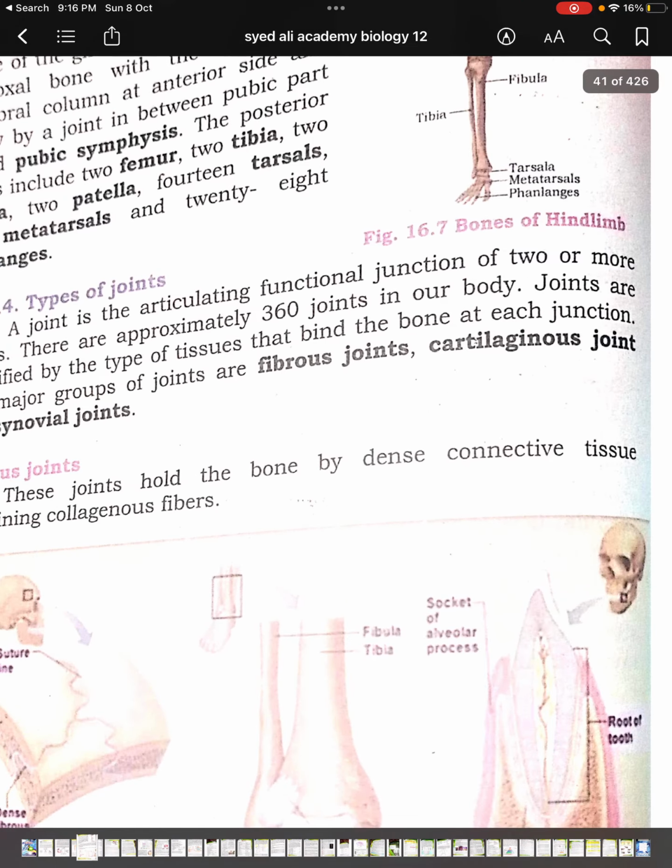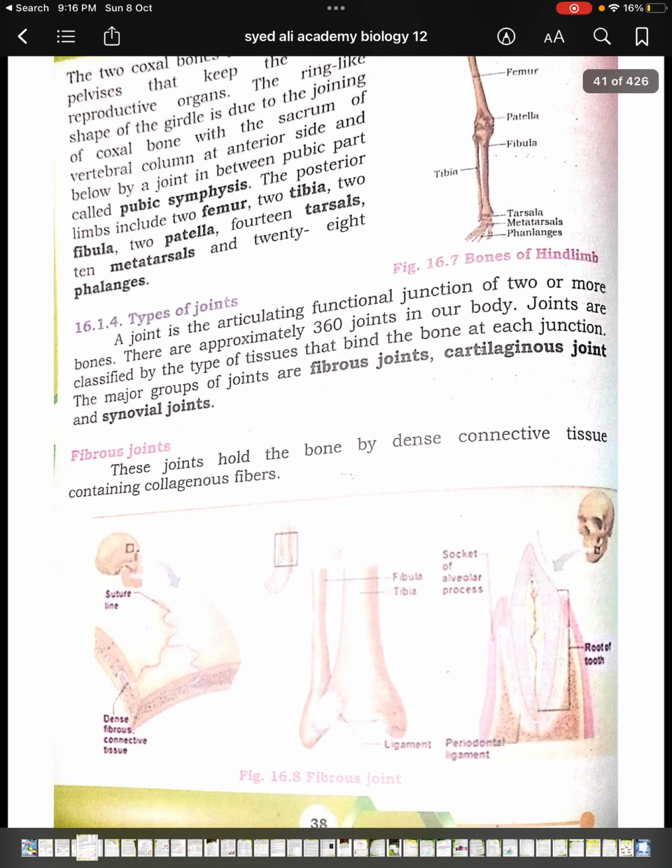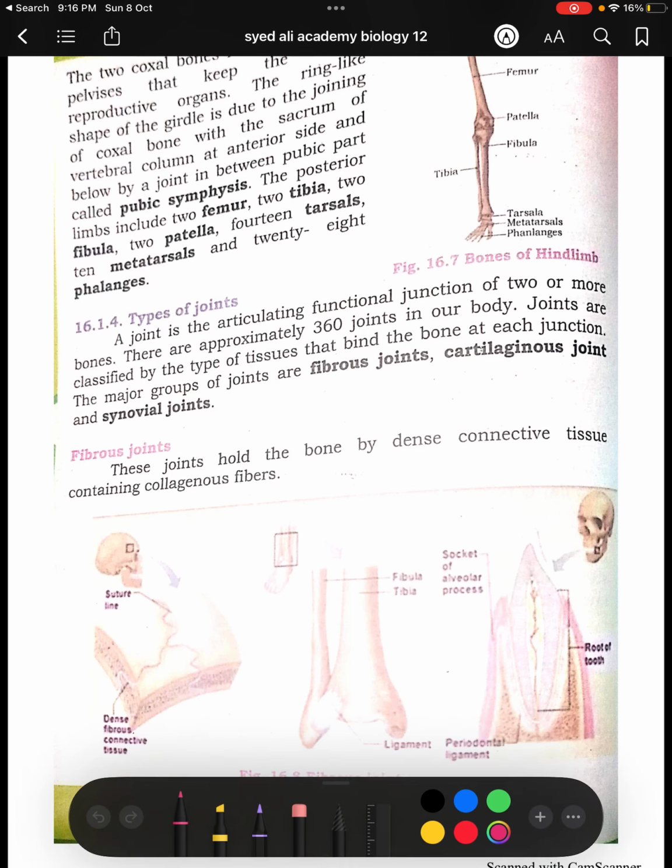So today we will discuss the joints and the types of joints. First of all, what are joints?